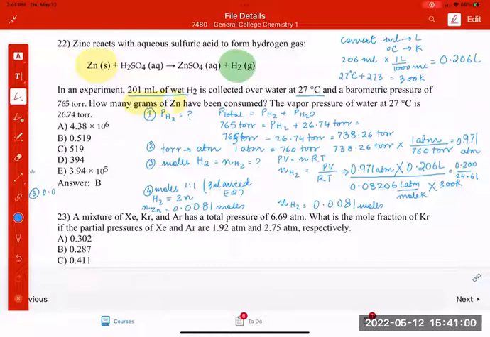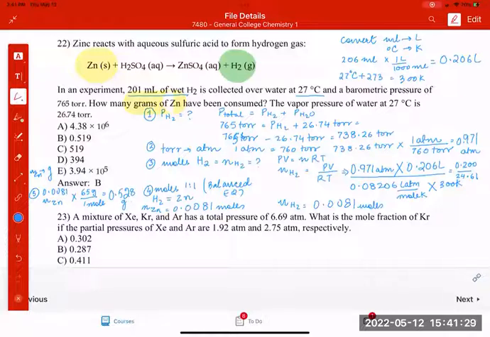So moles of zinc to grams: 0.0081 moles of zinc times 65 grams per 1 mole. That's 0.0081 times 65, and you get 0.528 grams.